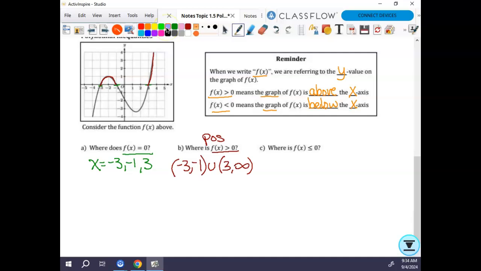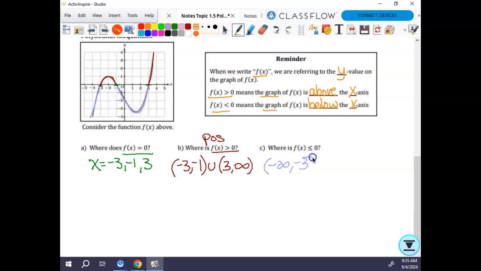Okay, so then I want to know where f of x is less than or equal to 0. So that's here, and that's here. Where does it start being less than 0? -infinity, good. And I go to -3. Now, I never include my infinities. Do I include the -3 this time?